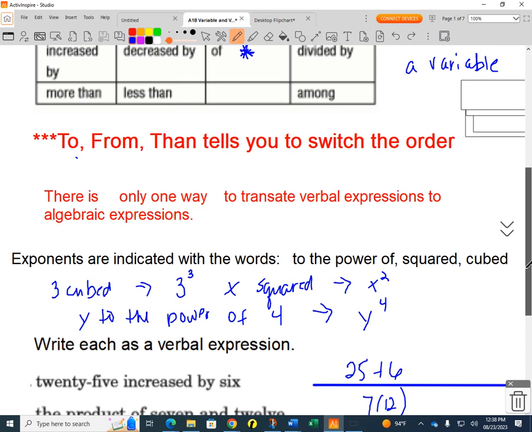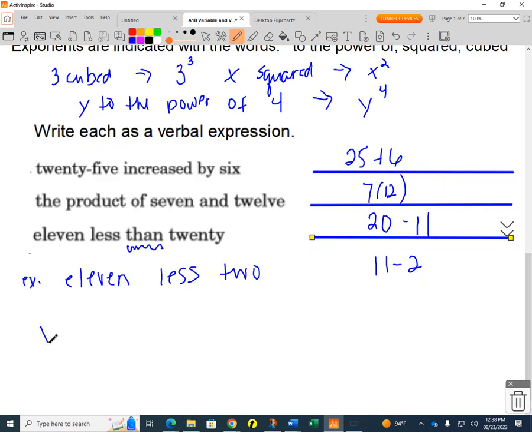Alright, so let's go to the bottom of our page and we need to talk about the equal sign. Let's look at our table. So obviously that sign means equals, right? So we're going to write the word equals. We've got our cheat sheet. What's another thing that indicates the operation symbol equals?